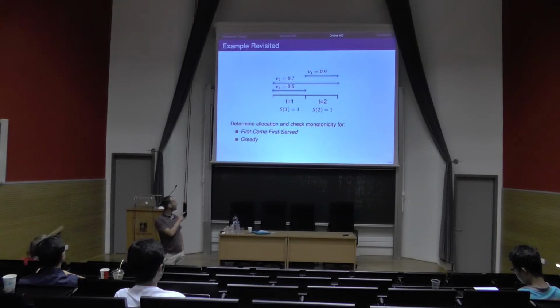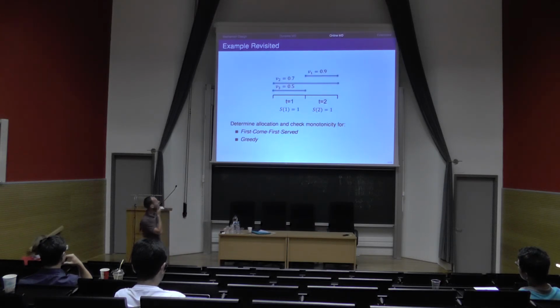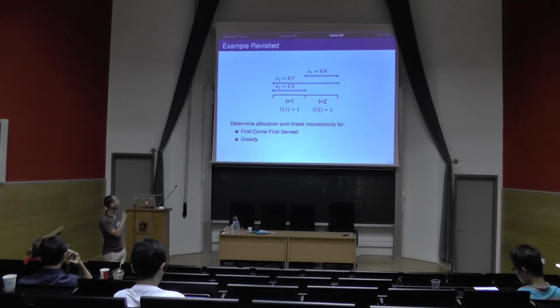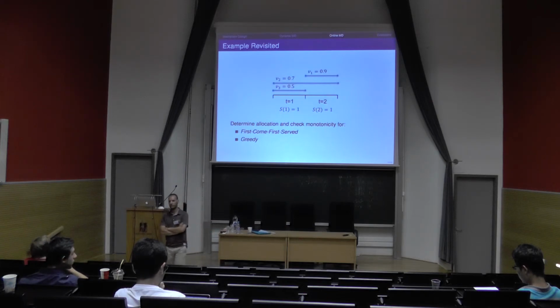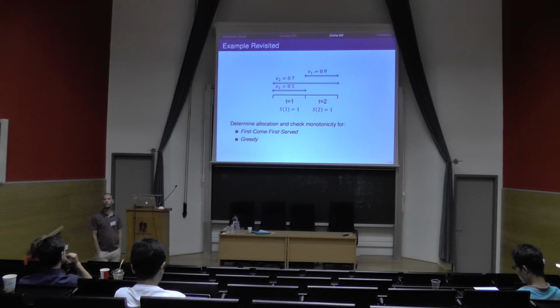Maybe let me give you 2 minutes to discuss it amongst yourselves. What payments could you have here so that the agents are truthful, looking at the greedy mechanism?